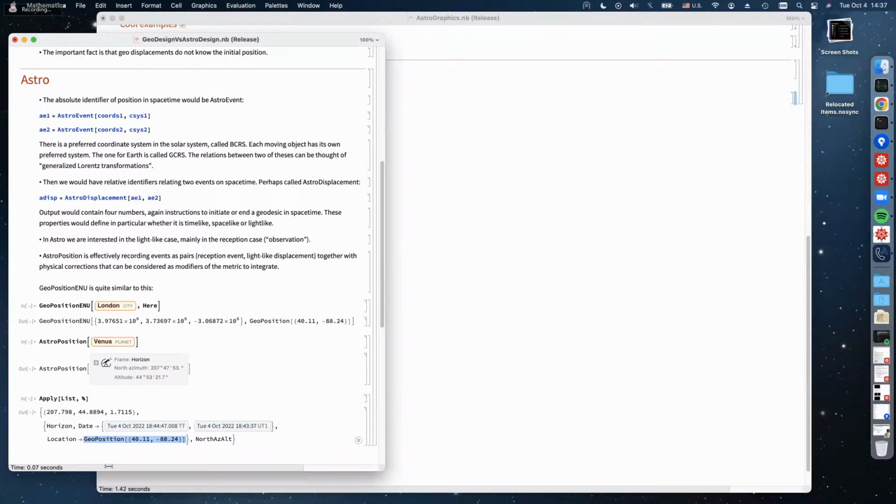Perhaps this is the observation rather than the observer. Yes, well, I think that's closer to what it is, but let's see.